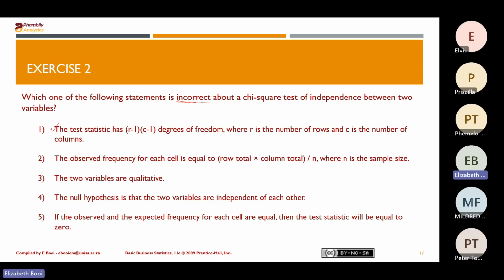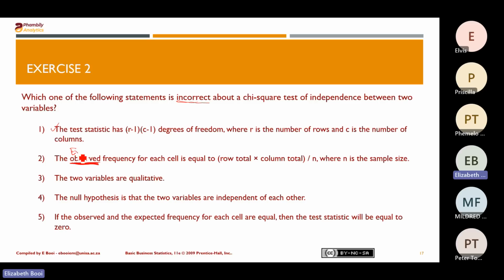Number 2, the observed frequency for each cell is equal to the row total times the column total divided by n, where n is the sample size. Is that true? No, it's not, because the observed value is the value you are given in the contingency table.